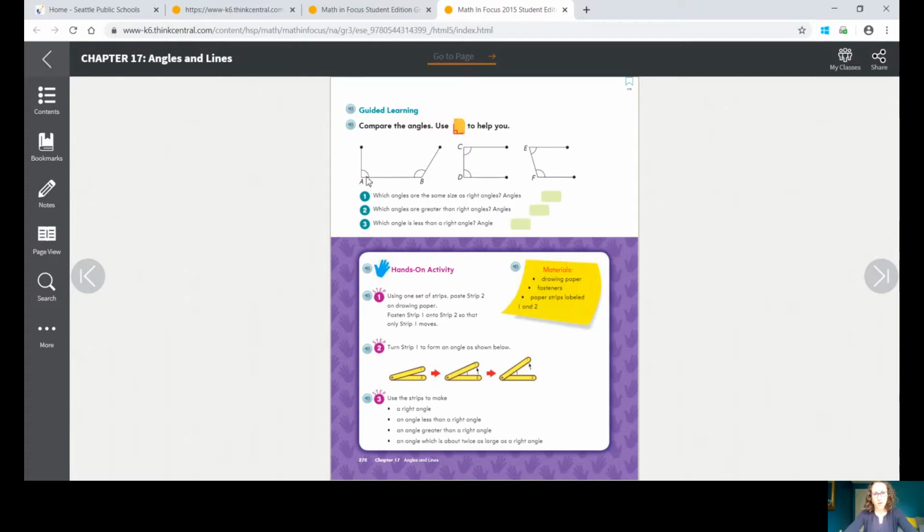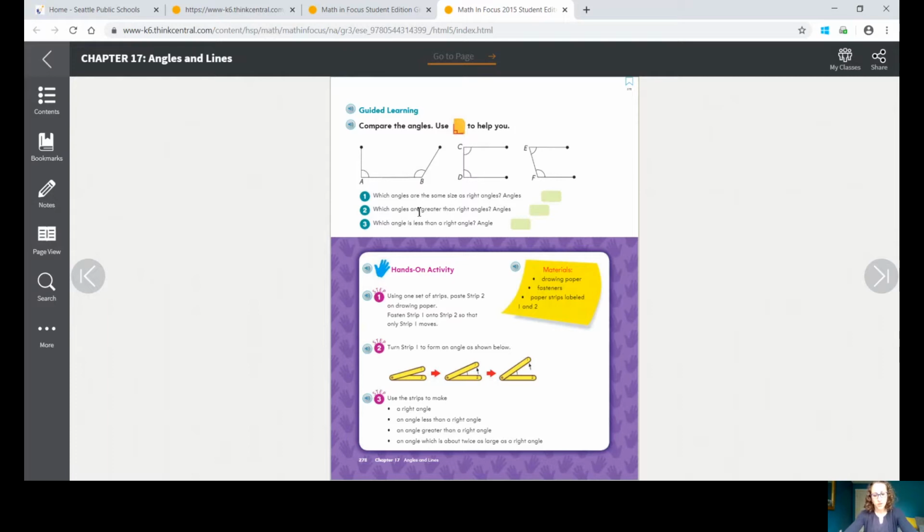Angle A is the same size as a right angle because it's a right angle. Same with angle C. It's got a nice point corner. Same with angle D. None of these other ones. These are close, but close doesn't matter.